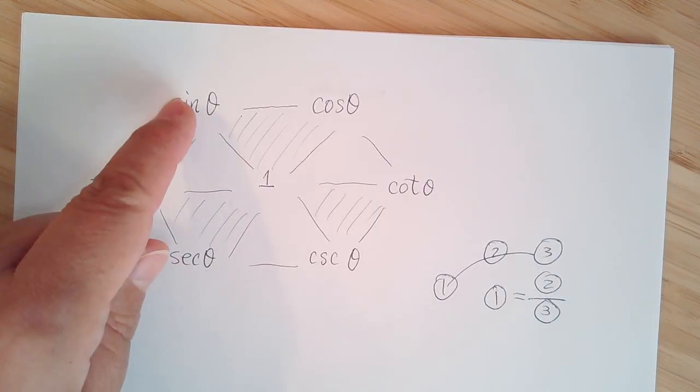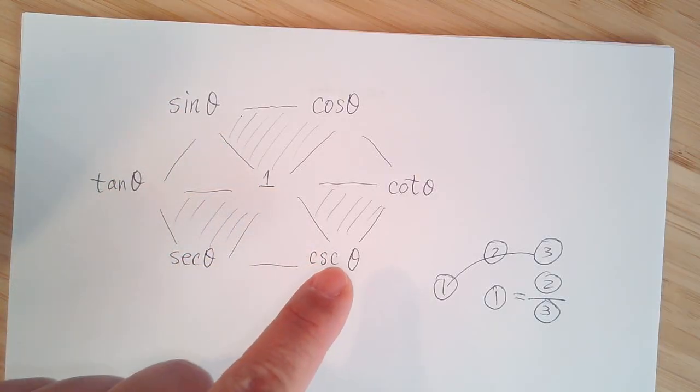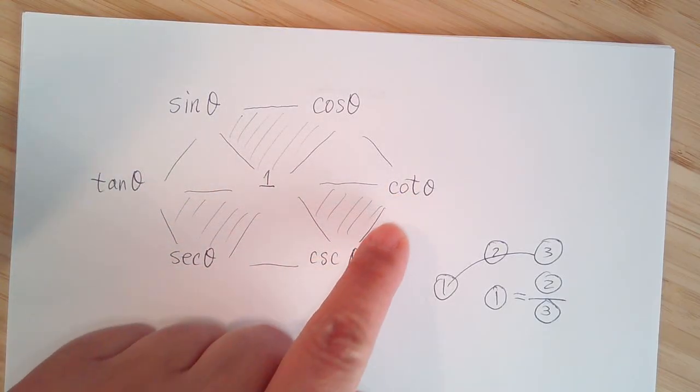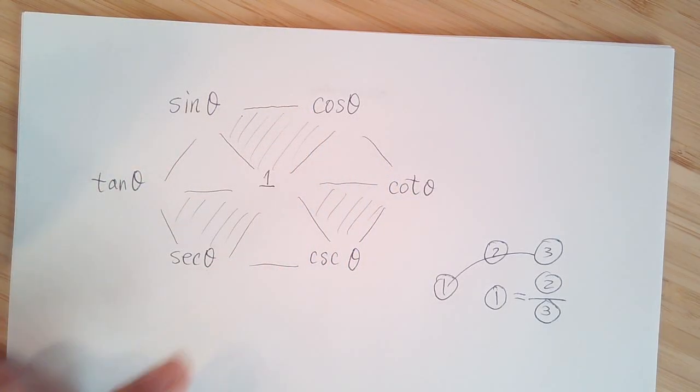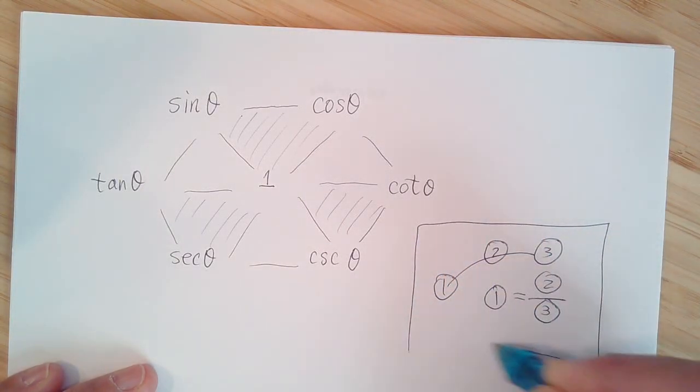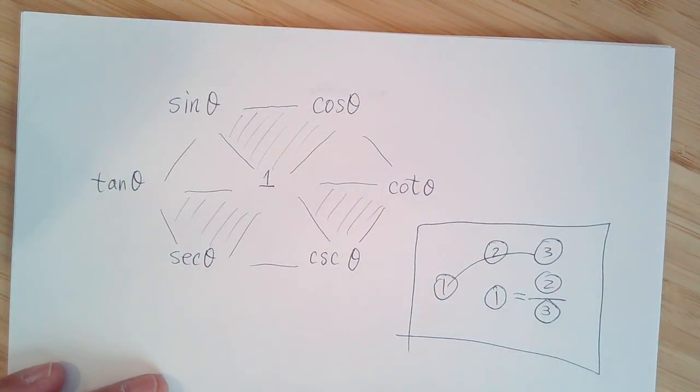You have to go straight through. Okay, you cannot just go curved. So cosecant is cotangent over cosine. Isn't it interesting? Because if you can remember that, it already includes the reciprocal identities and the quotient identities. It shows you all of those.